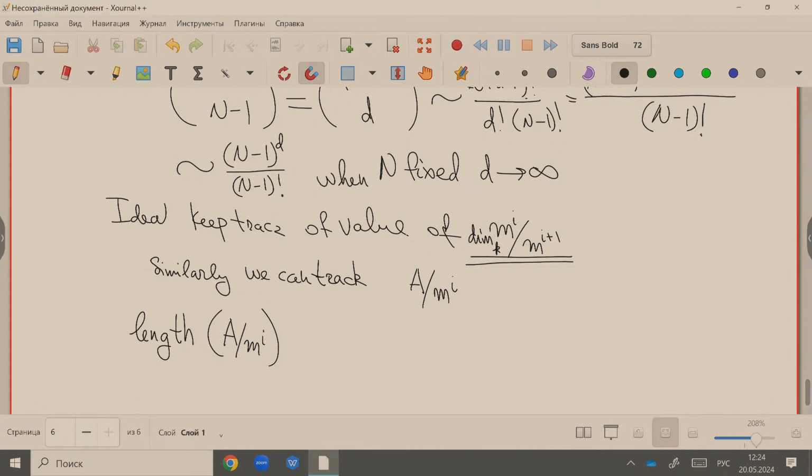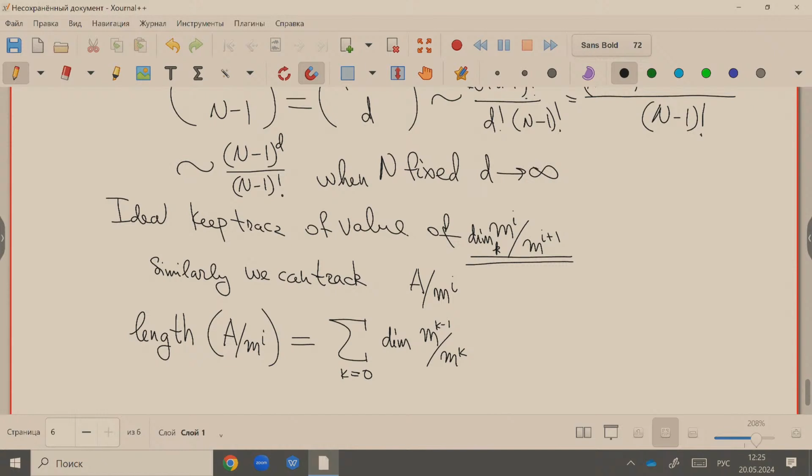And naturally, this should be the sum of dimensions of m_i modulo m_{i-1}, where i runs from 0.